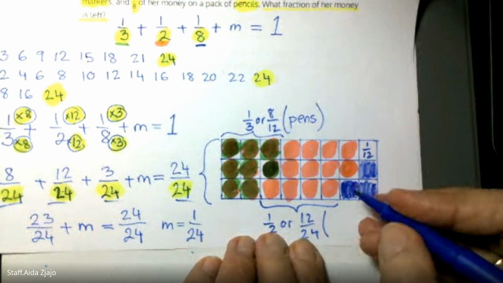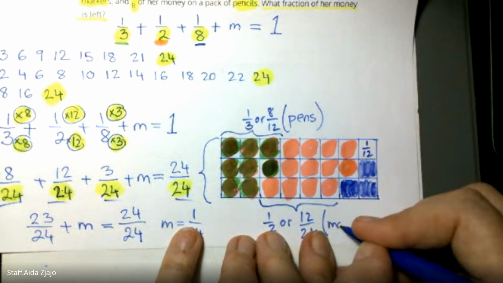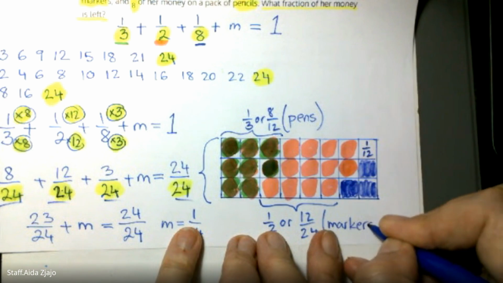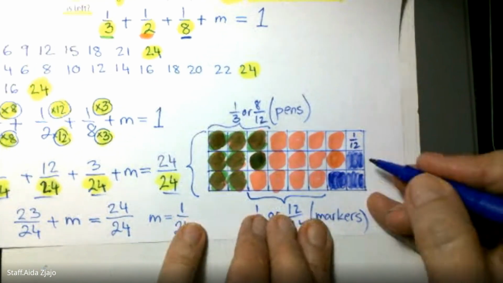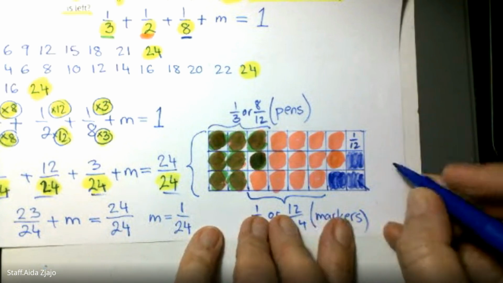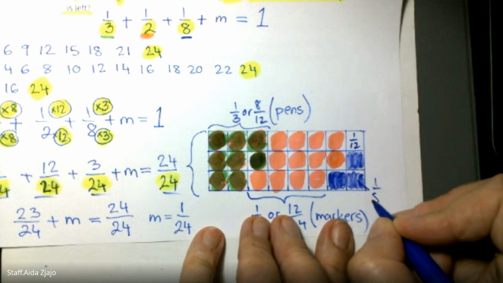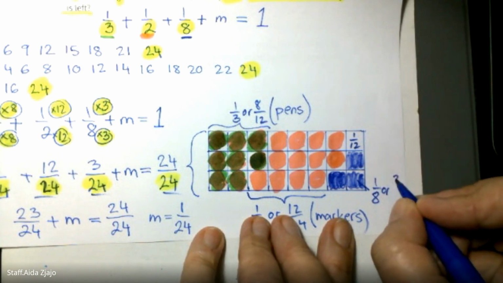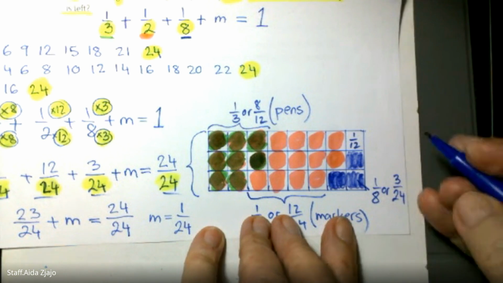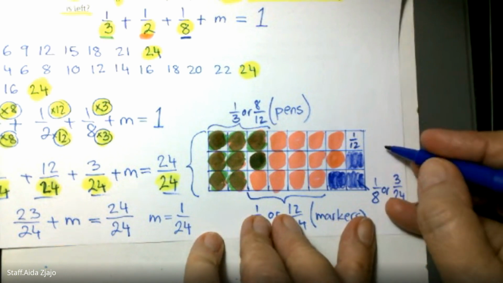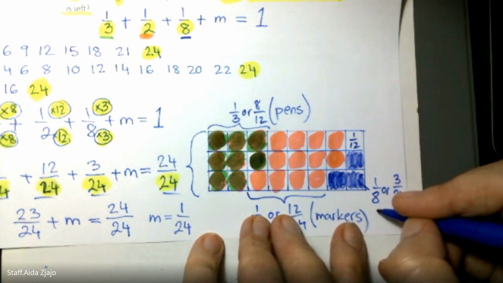And that is markers. Okay. This represents 1/8 or 3/24, which are pencils.